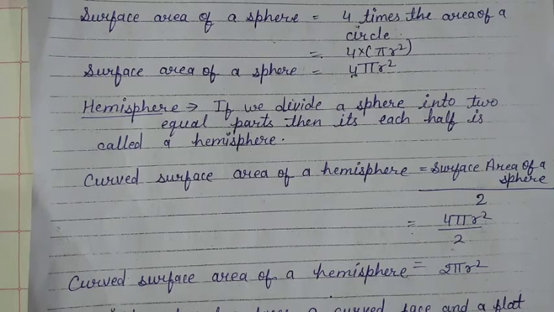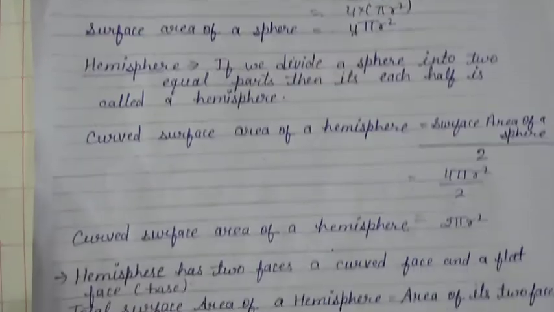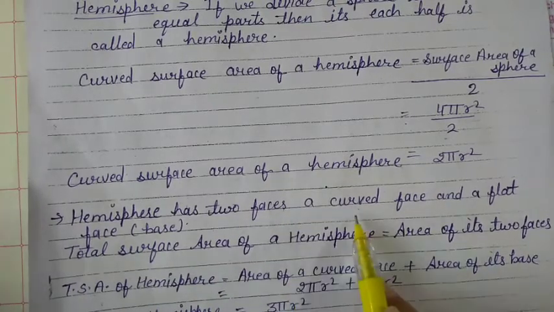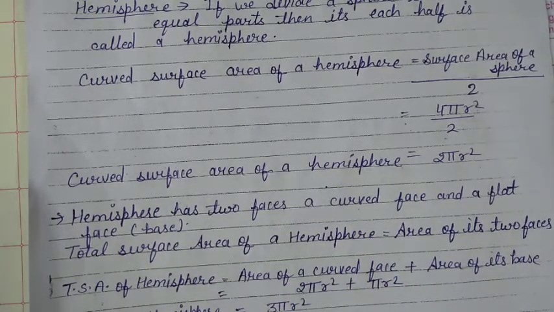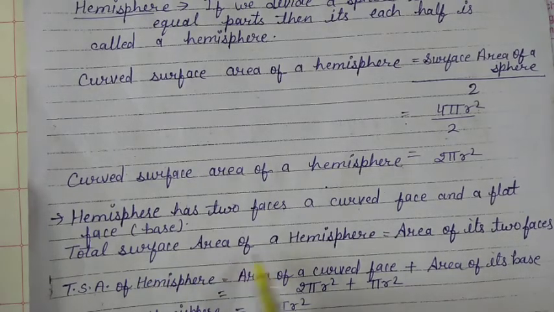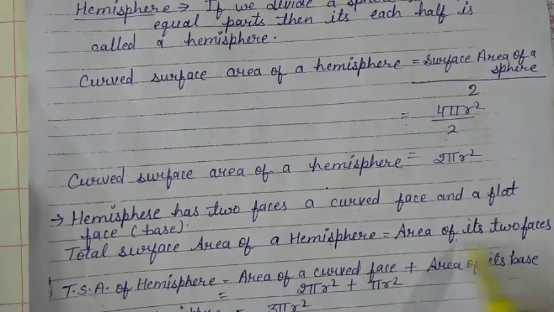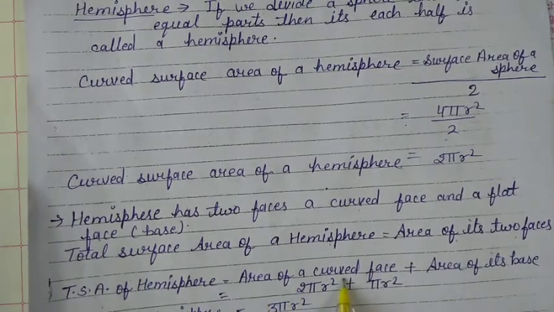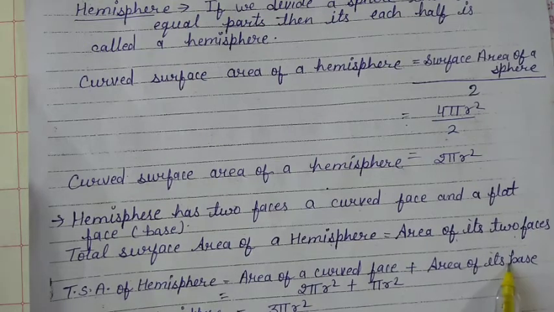Now when we find the total surface area of a hemisphere, we can see that a hemisphere has two faces, a curved face and a flat face, that is the base of the hemisphere. So total surface area of a hemisphere equals the area of its two faces. One is the curved face and the other is its base.